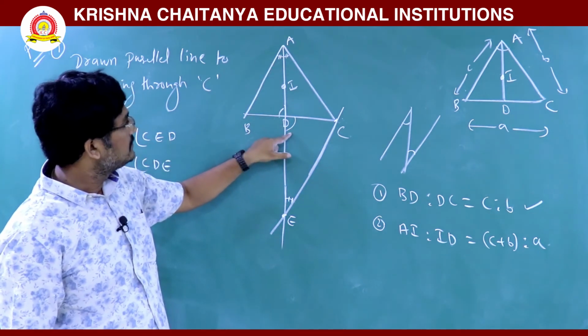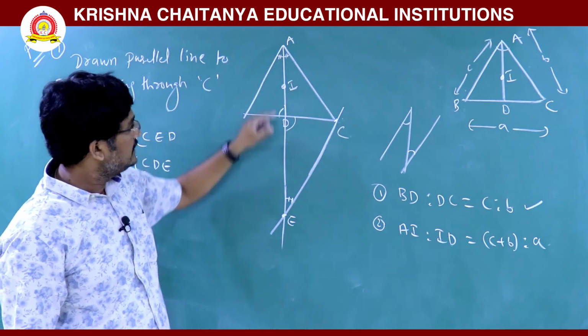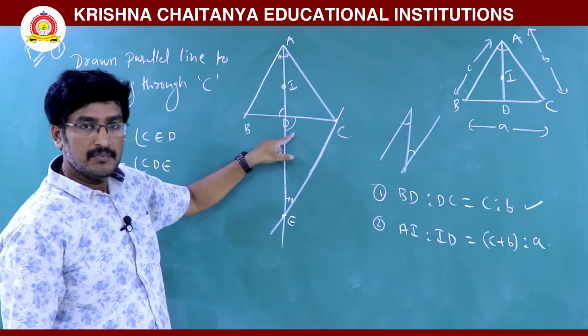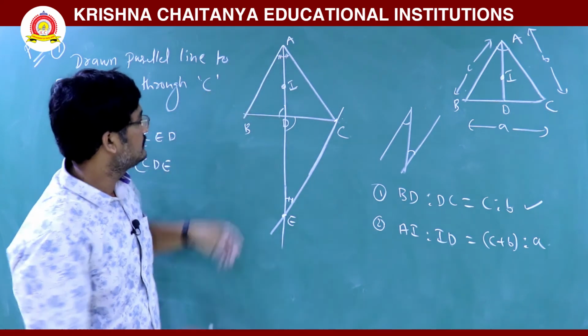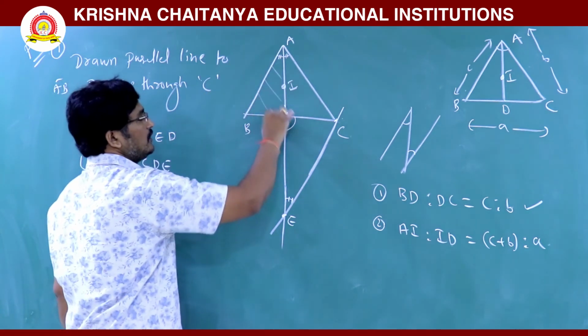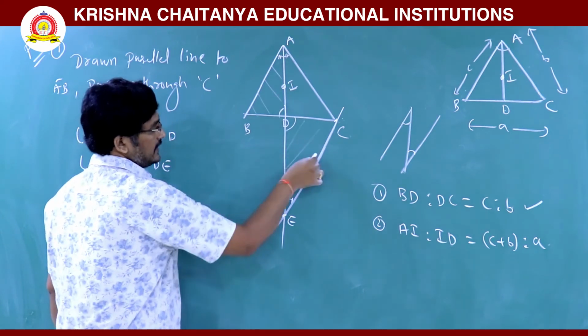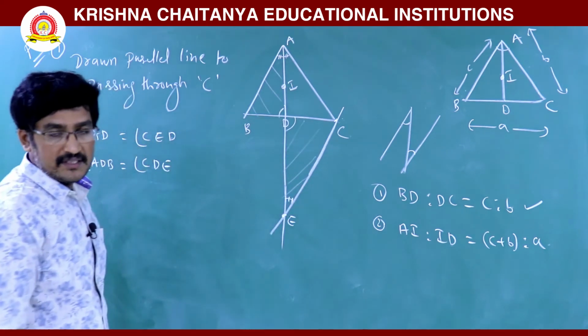These two angles are the same. By AA criteria, these two and these two, automatically you have to say this triangle and this triangle are similar.